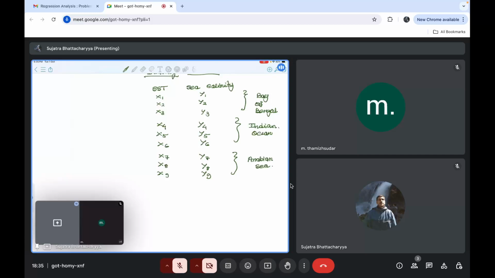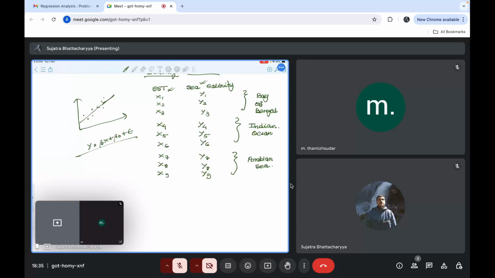You know how to do that. You have one regressor variable, SST, and one response variable, sea salinity. So you will find beta hat. You just fit y equal to beta x plus beta naught plus epsilon. This model you know how to fit, and you have fitted it based on all the observations.